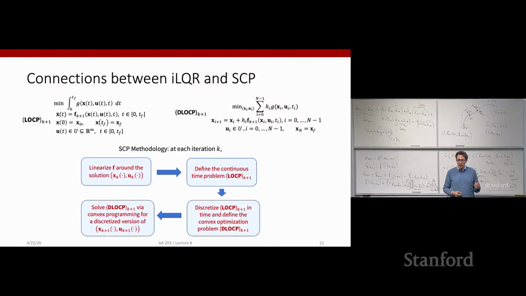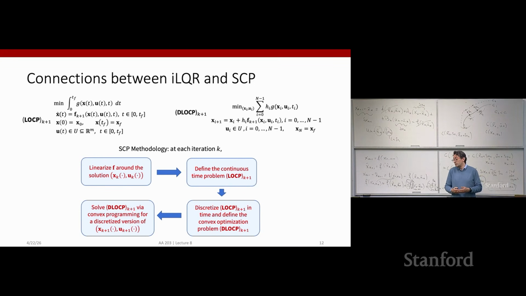In LQR, you use the LQR equations that are actually analytical. So LQR is easier to implement because you're just implementing Riccati equations and some derivatives. With SCP, it's a bit more complex because you also have to implement a convex programming solver.